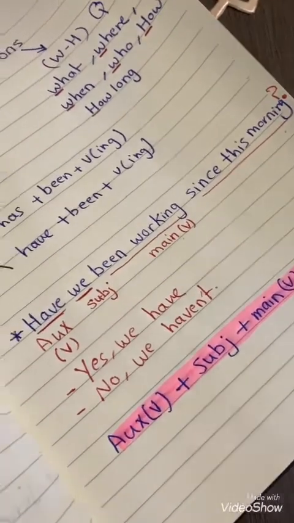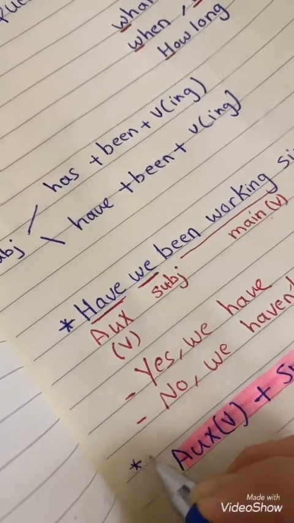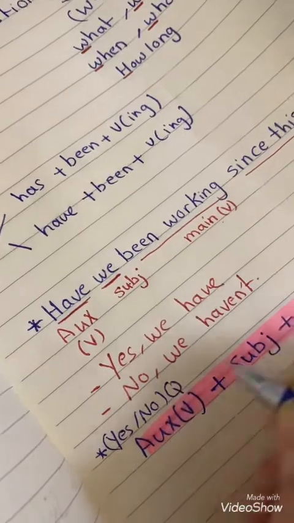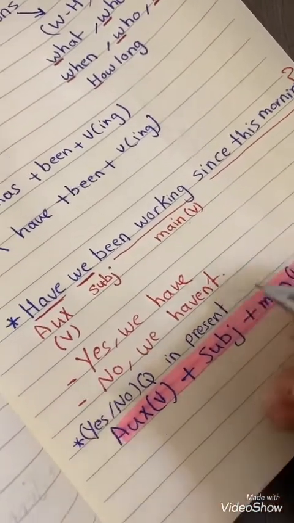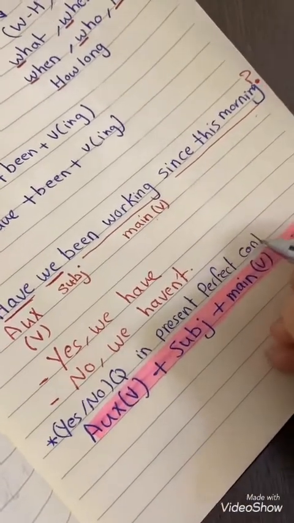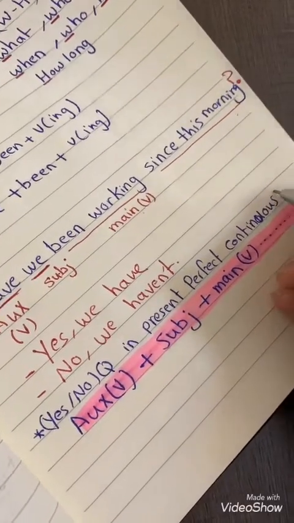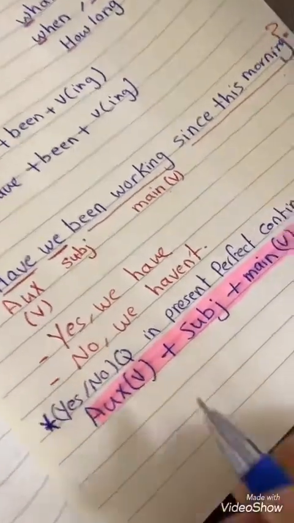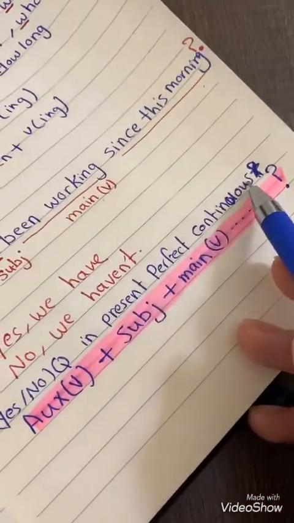So this is the rule for yes or no questions in present perfect continuous.